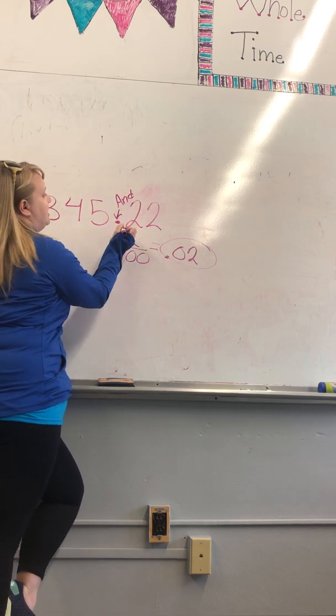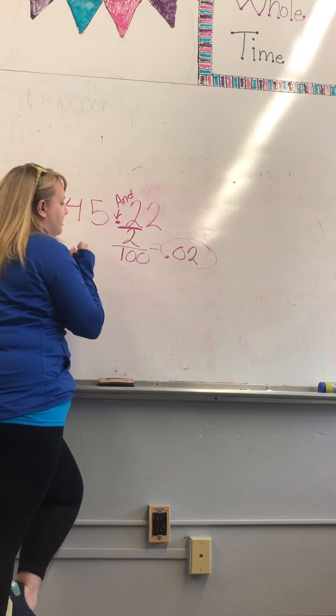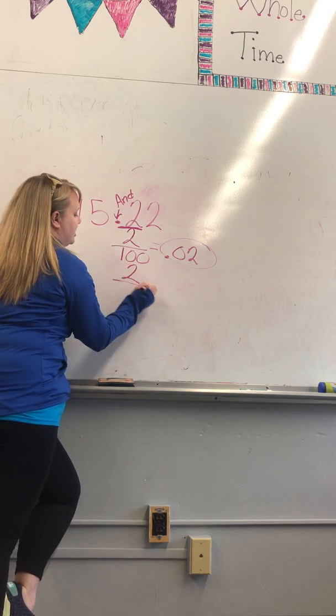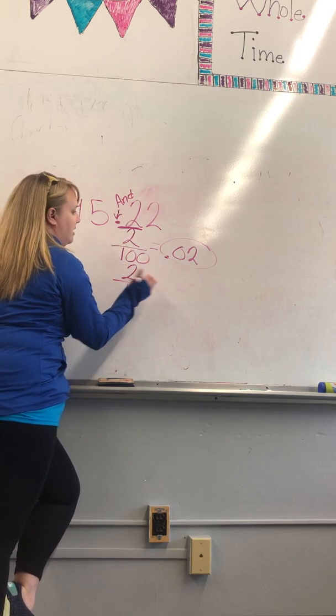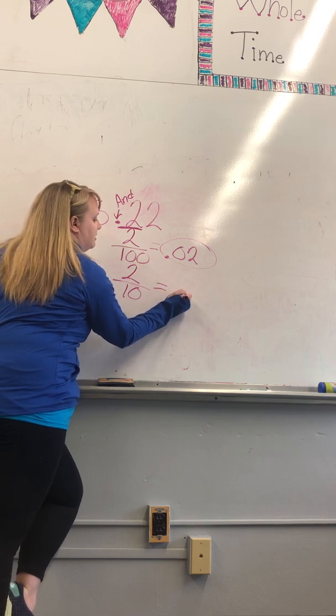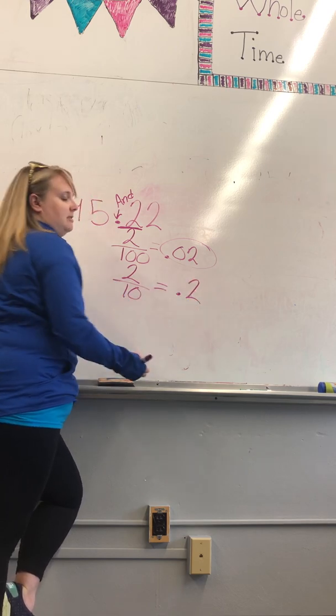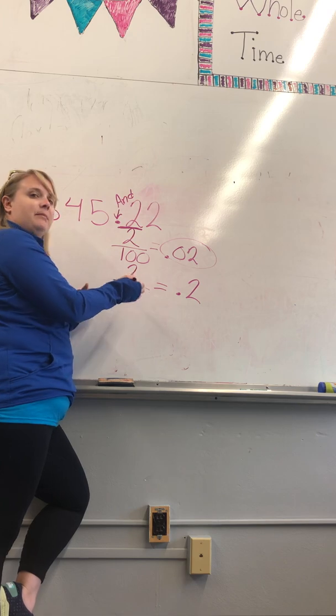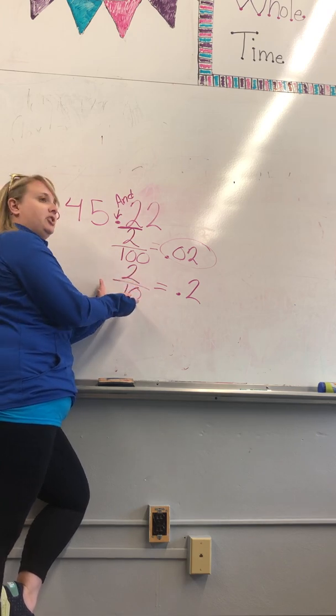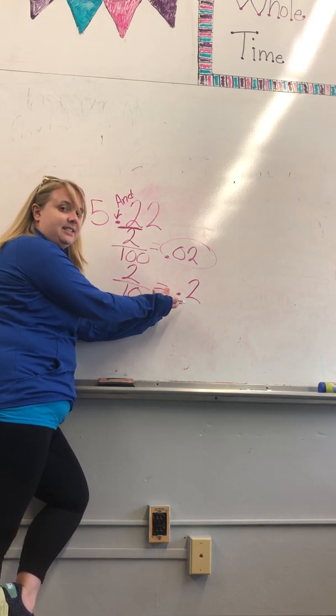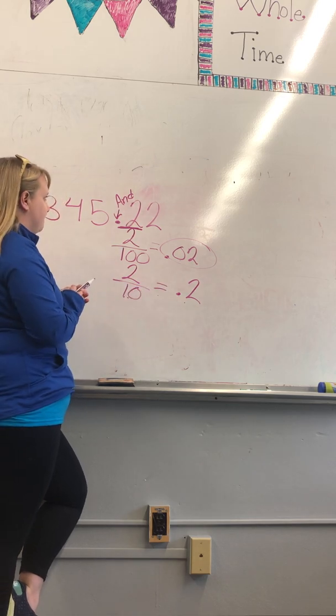Okay? Now this 2 right here would be written as 2 over 10, so 2 tenths, or as a decimal, 2 tenths. Again, they equal the same thing. Here it is written as a fraction, and here it is written as a decimal, okay?